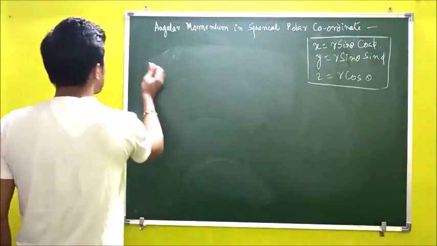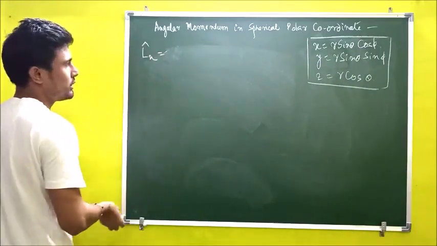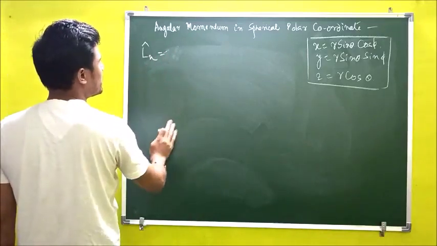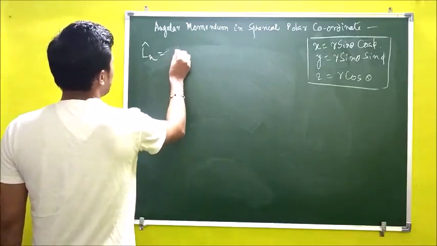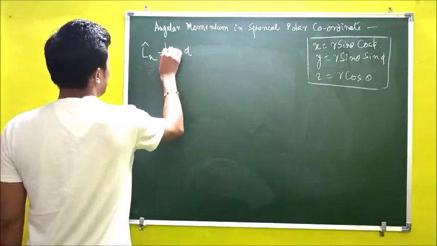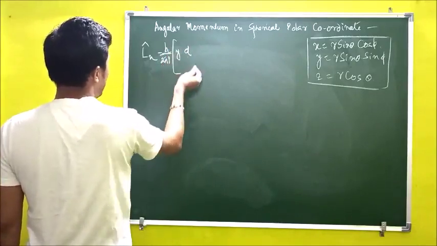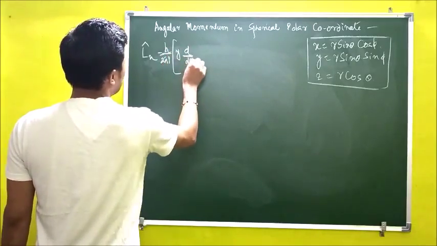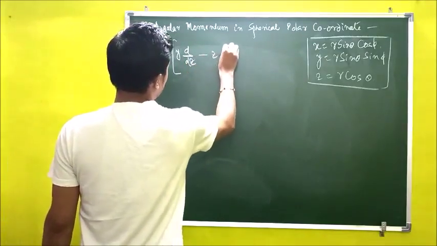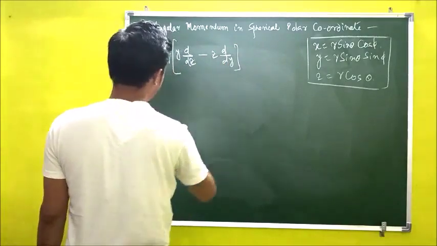Now we'll see the angular momentum operator Lx in terms of polar coordinates. It is given by h by 2 pi i times y d/dz minus z d/dy.